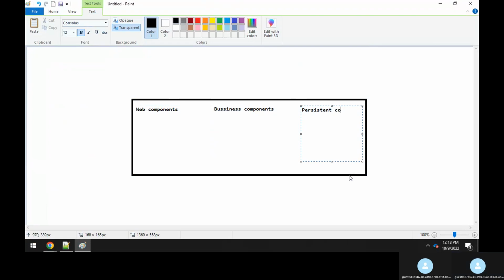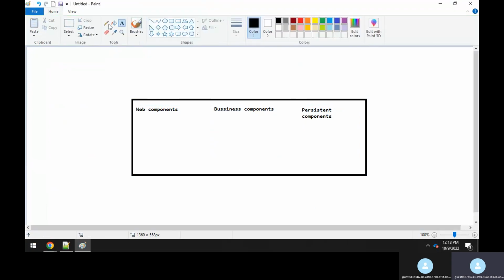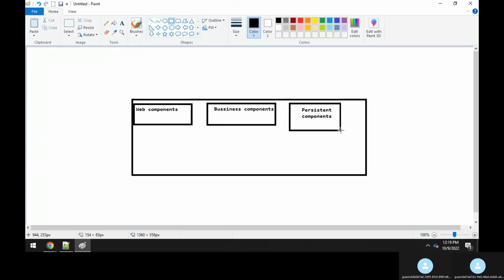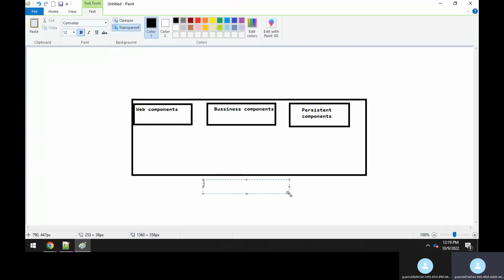The persistence component is the one that communicates with the database. Together, this is the backend of your project.